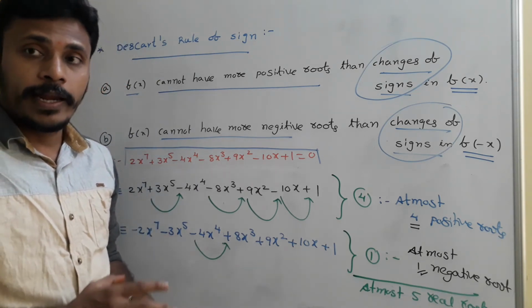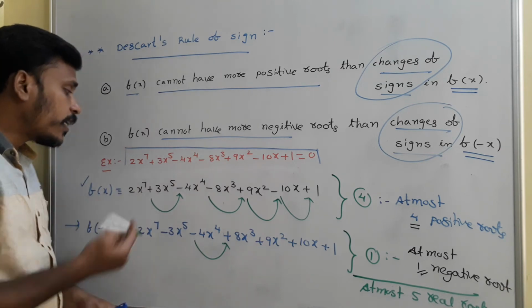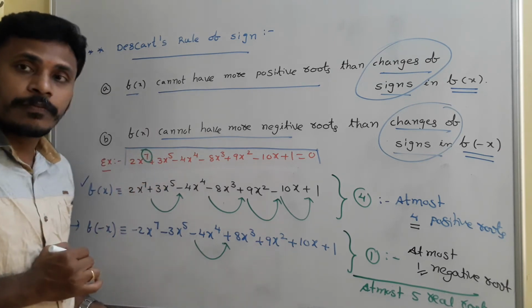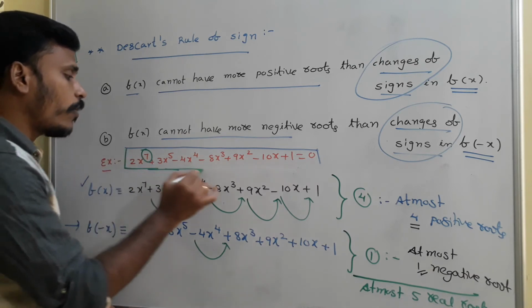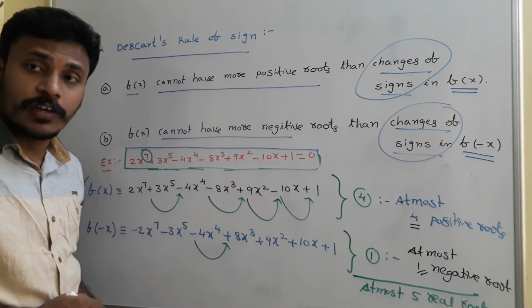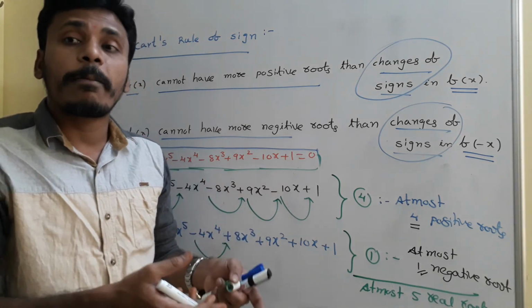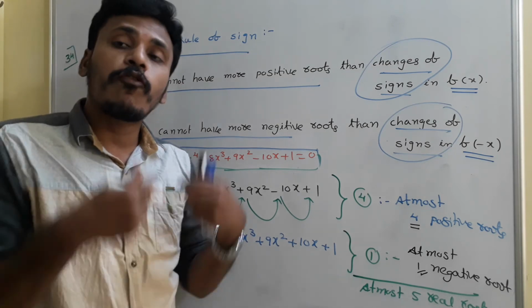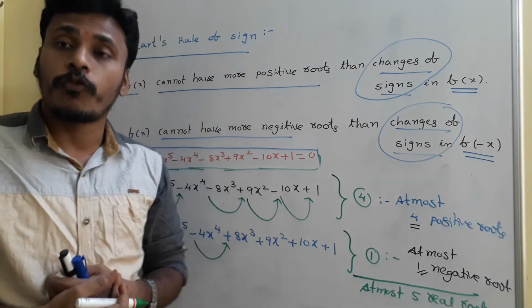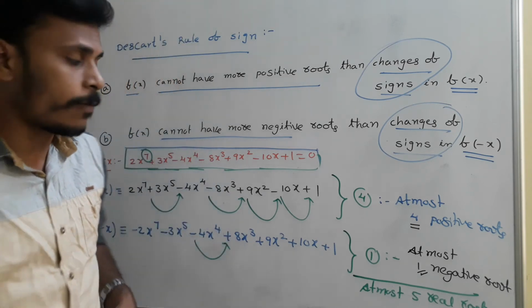Okay, right. And just look at the degree of the equation. Here the degree of the equation is 7. That in the sense totally this equation has 7 roots, and among those 7 maybe there are maximum 5 real roots. If the maximum number of real roots is 5, then automatically the minimum number of complex roots is 2.